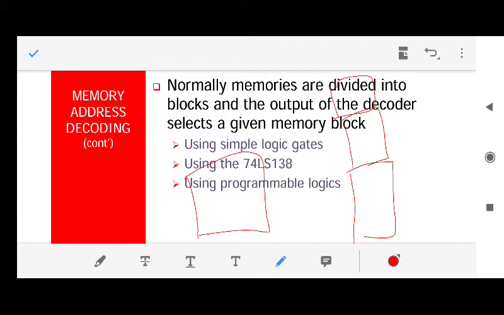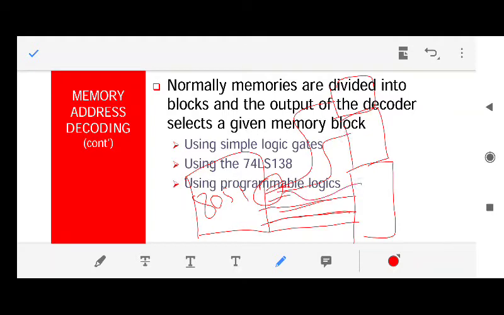What will 8051 do? 8051 will use the remaining address lines. Some of the address lines should be connected to the memory chip, and the remaining address lines will be used to select these chips.